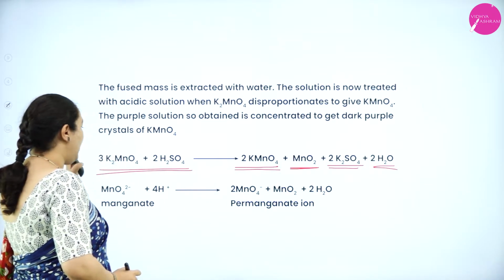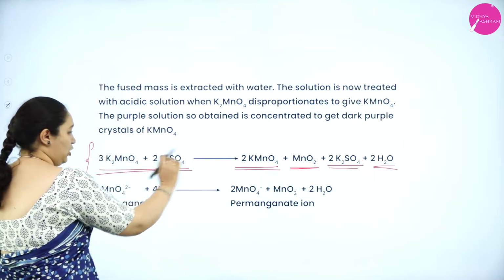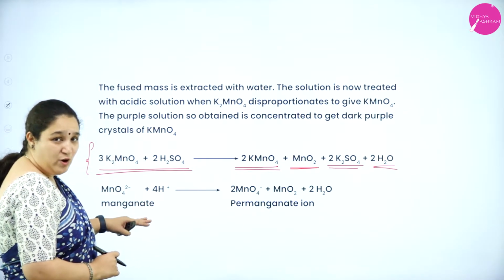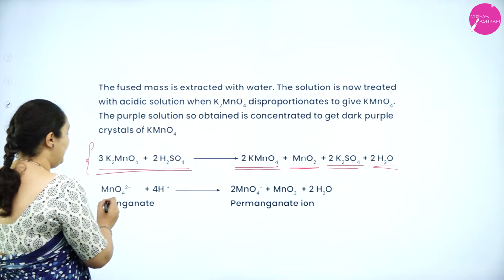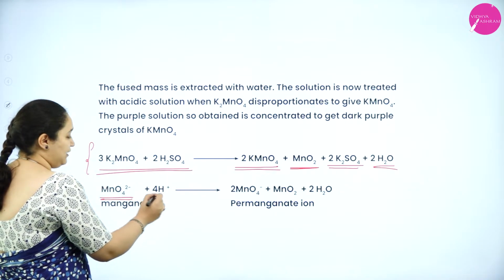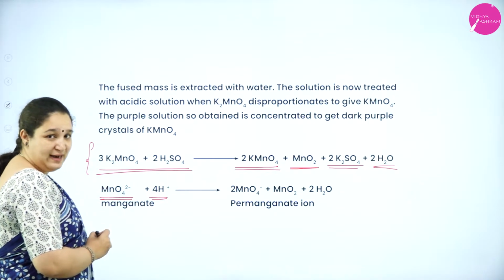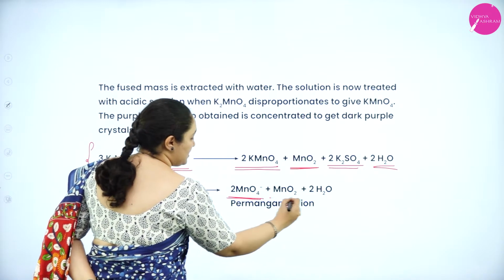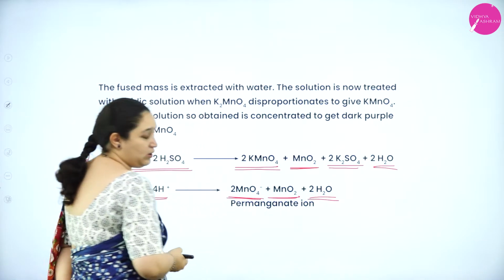Now this reaction either you can choose to write in the molecular form or you can also write it in the form of an ionic equation, that is you can write MnO4 2 minus, when it is acidified, added H plus ion, then you will get MnO4 minus, MnO2 and water is formed.